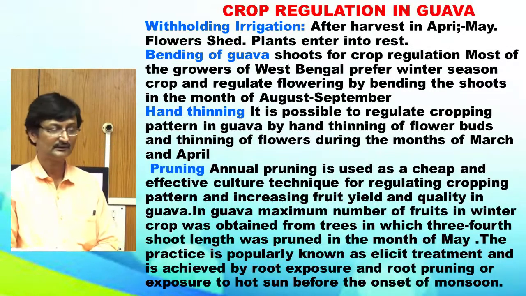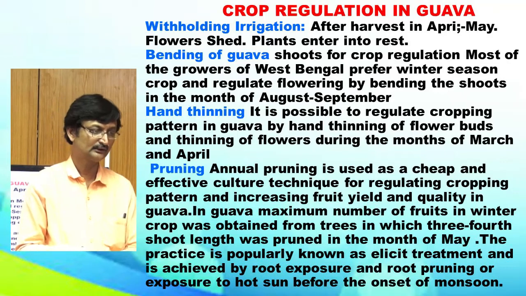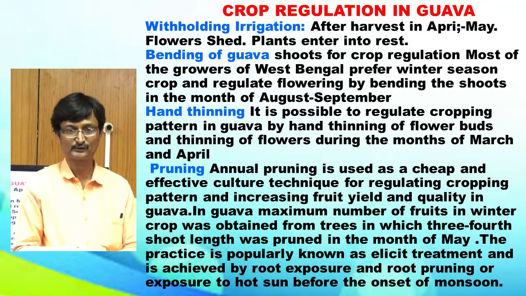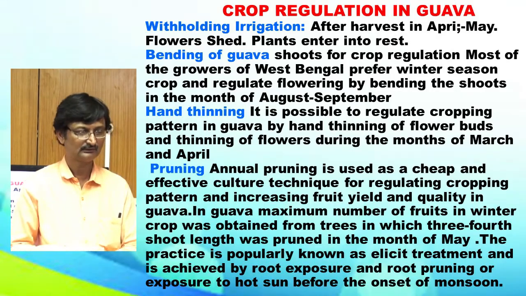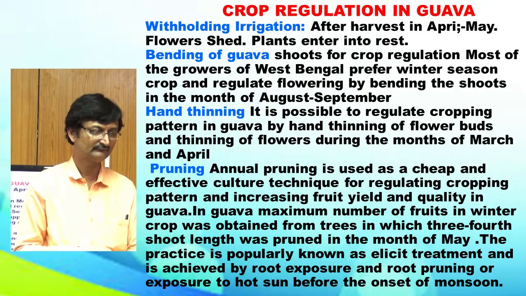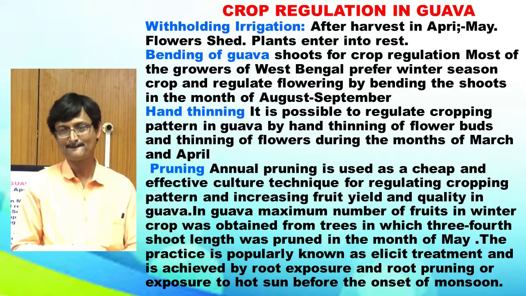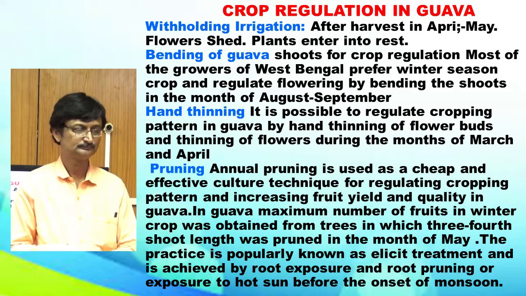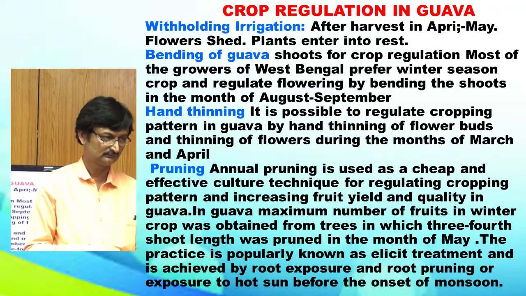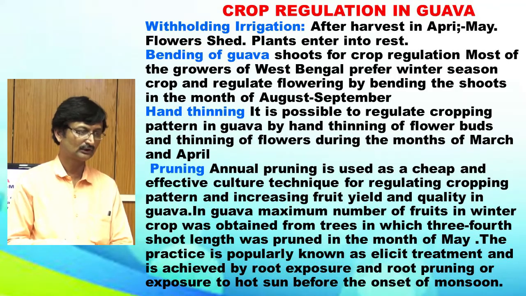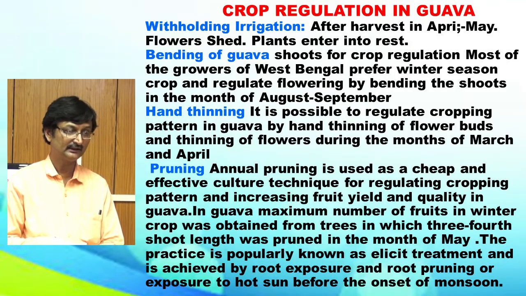These are some of the techniques by which crop regulation in guava takes place. Not only in guava but other fruit crops we have discussed, like pomegranate and citrus, it is also conducted. So these are the techniques, like withholding irrigation.